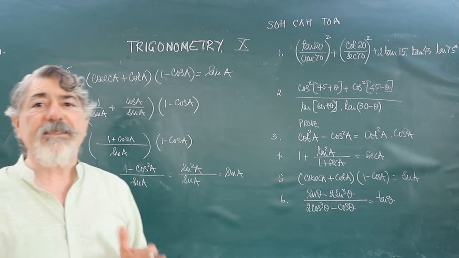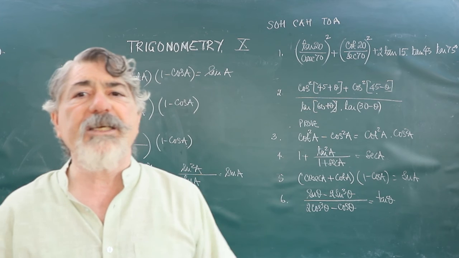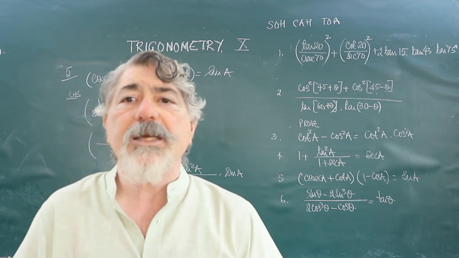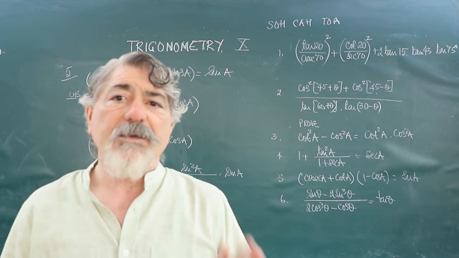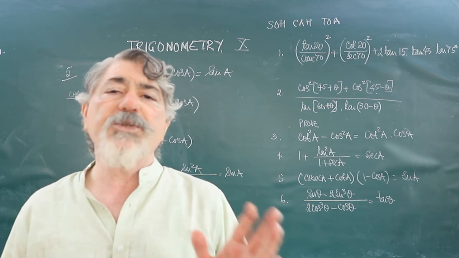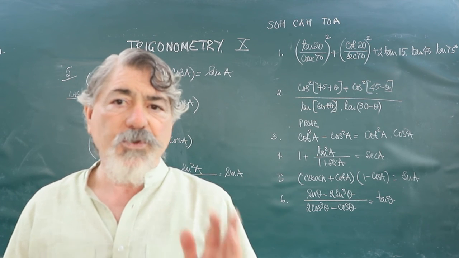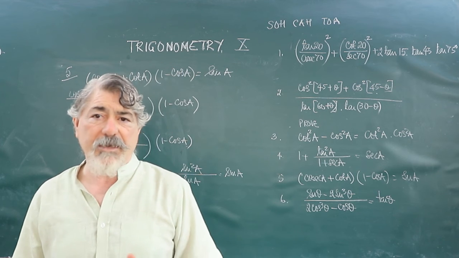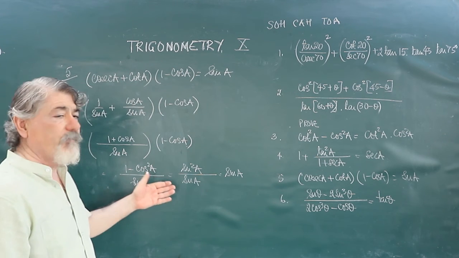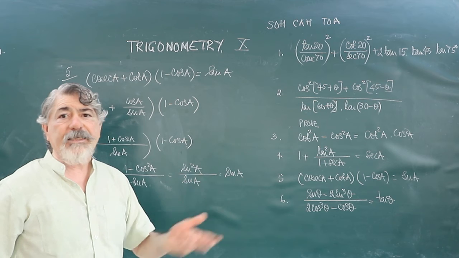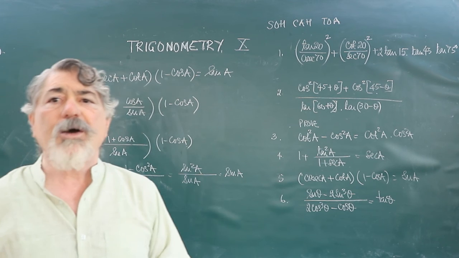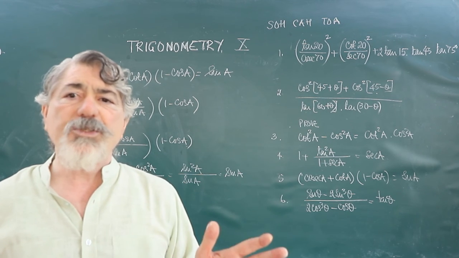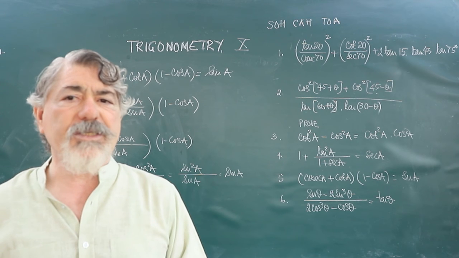In trigonometry, this is what we are going to do. Trigonometry is manipulation, but you will learn that manipulation when you start doing questions. You have to do many questions yourself. You see the teacher doing some work, you get the idea of how to tackle them. Then you solve some questions yourself.